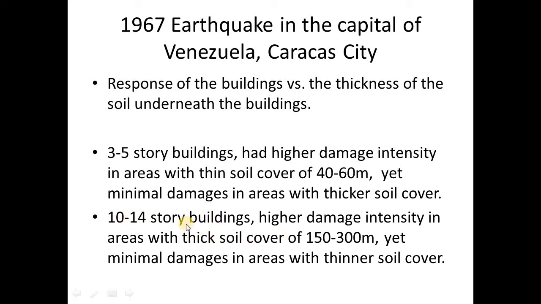That means where those buildings were standing on thick soil cover, they experienced severe damages. That means damage intensity was high in those places, while a number of buildings of the same height in other places where the soil thickness was thin experienced little damage, or minimal damage, and probably no damage at all.